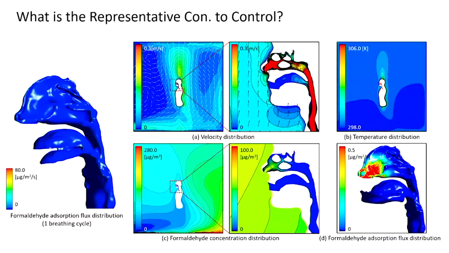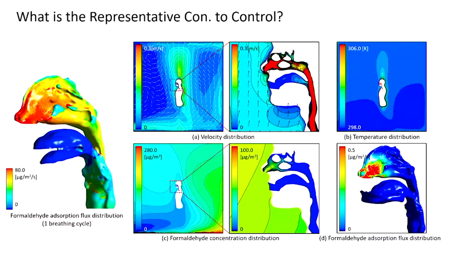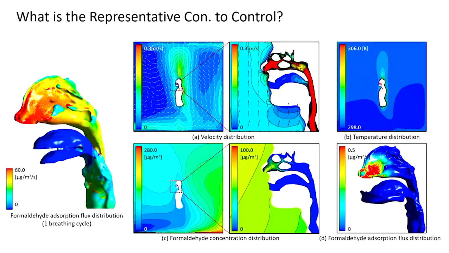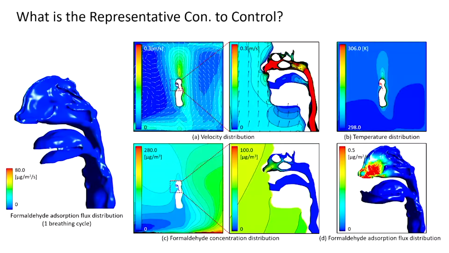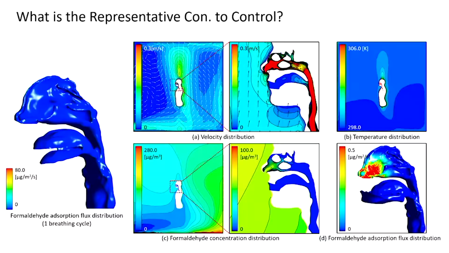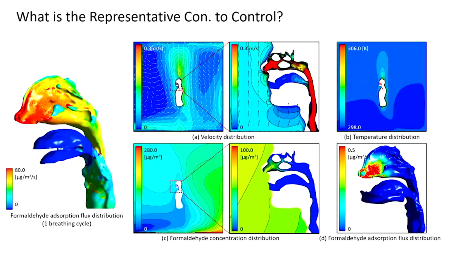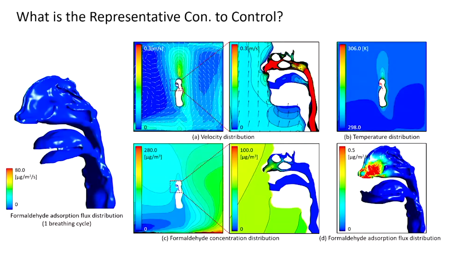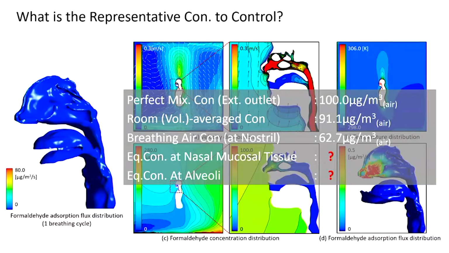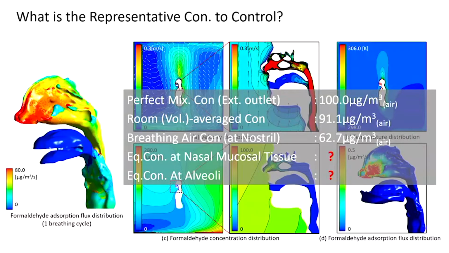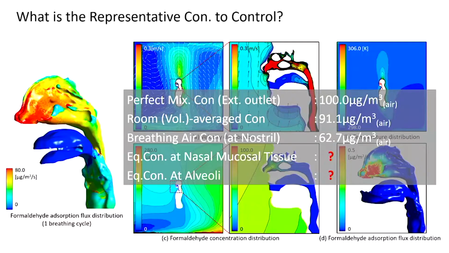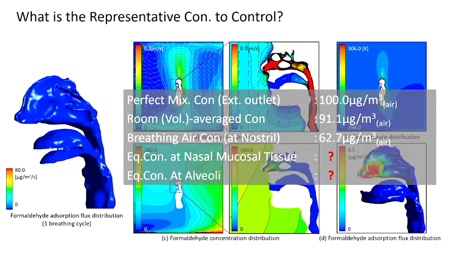And this is one more example of the discussion about the representative concentration in indoor environments. This is the result of the velocity distributions, and this is the formaldehyde concentration distributions. In these simulations, the perfect mixing concentration in this room is calculated to be 100 microgram per cubic meter.